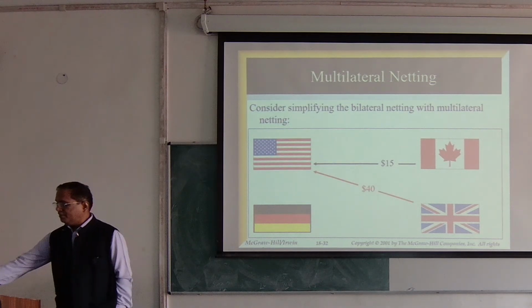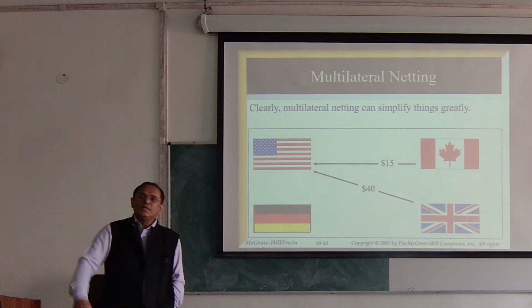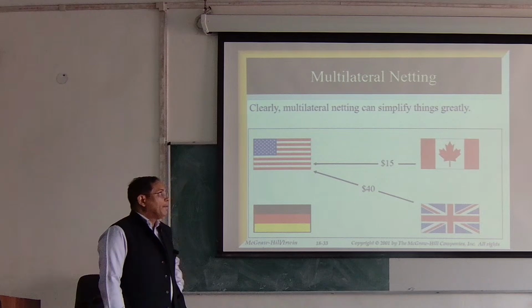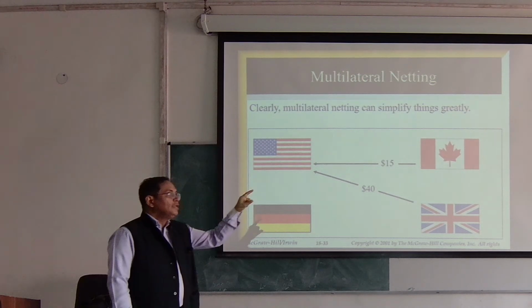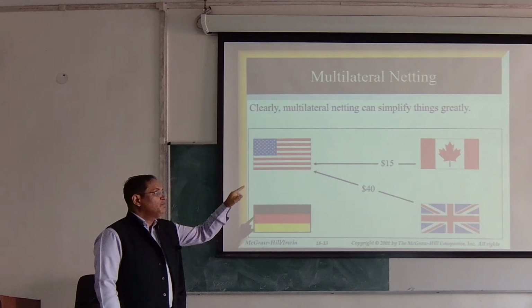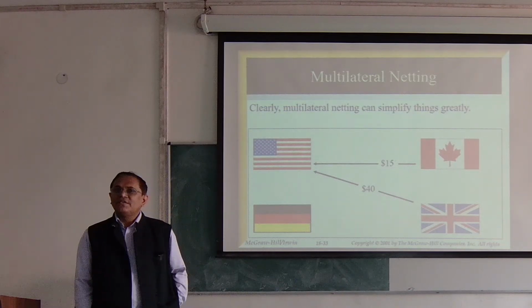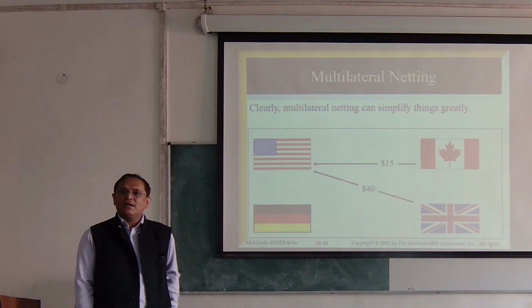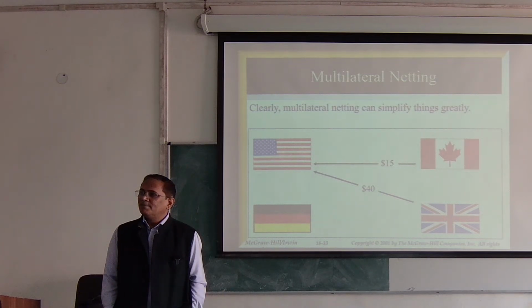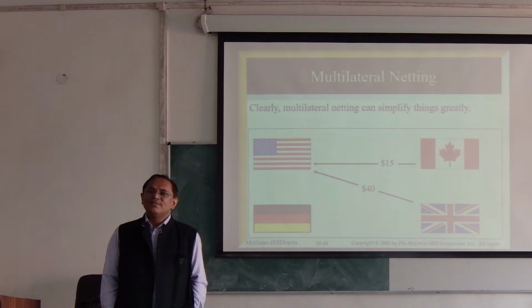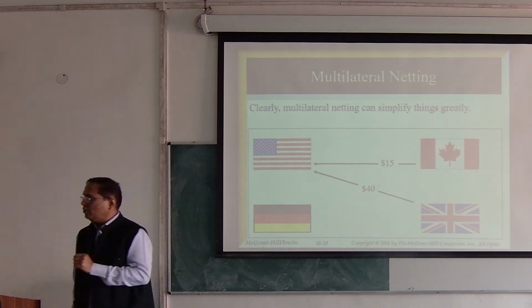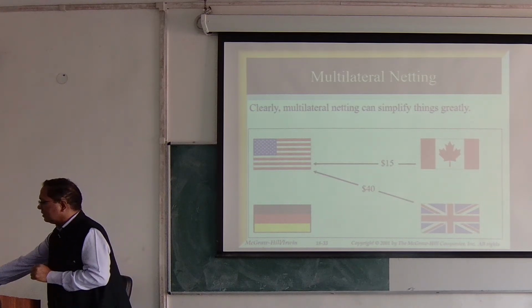This is what the final year. Now there is no possibility. So your parent company US will take only 40 plus 15, which is 55, 40 from UK and 15 from Canada. Okay? These are the only receivables left. Think of this simpler structure compared to what was the original structure.